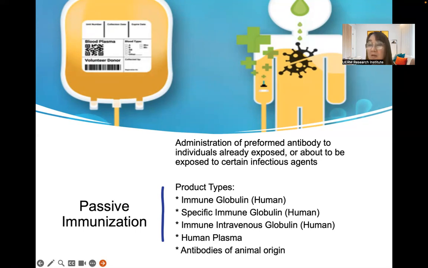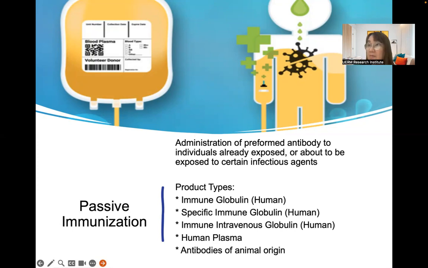Unlike vaccination, however, passive immunization and immunotherapy do not result in immunological memory. Also, the transfer of antibodies from animals or other people can cause side effects, including severe allergic reactions.